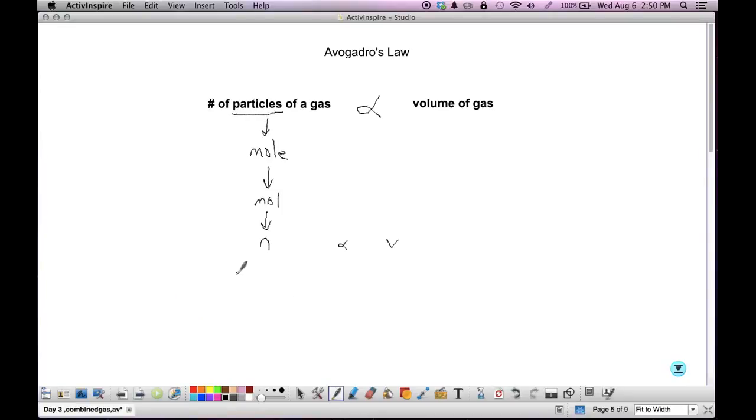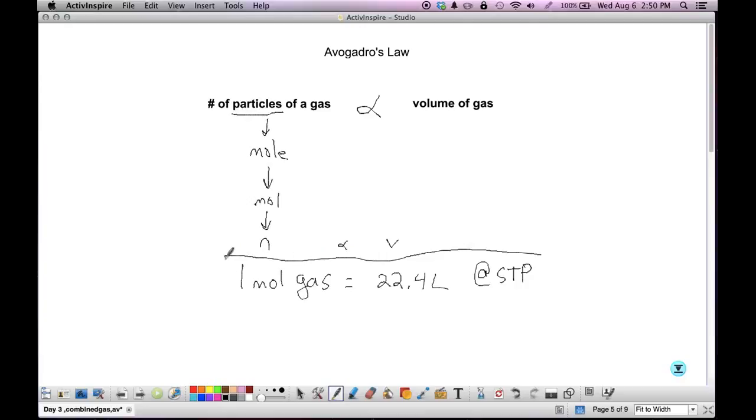Now, experiments were done, and it was determined that 1 mole of a gas, and this is again any gas at all, equals 22.4 liters. So 1 mole of a gas takes up a volume of 22.4 liters. Now, this is at standard temperature and pressure, which we'll do more with later. But for now, we'll just keep this in the back of our brains.